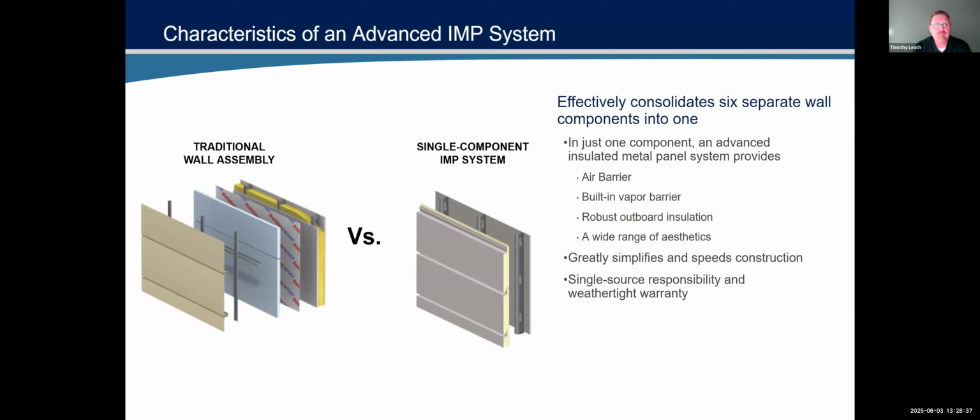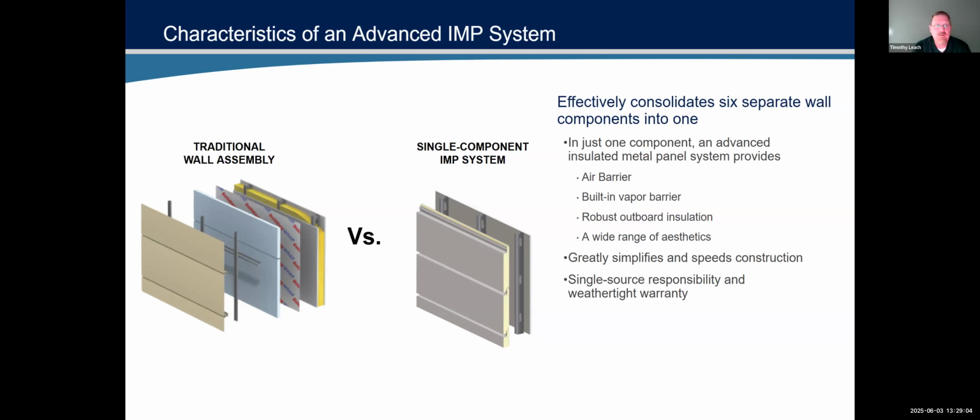So your traditional assembly, you take all those units, that rain screen, the hat sections, the thermal layer, the vapor barrier, and the sheathing, and you combine all that into an insulated panel. So you have one unit, you have a single source responsibility because there's only going to be one material to install, one crew, one pass around that building.